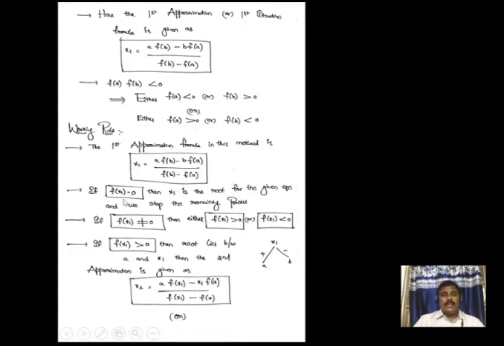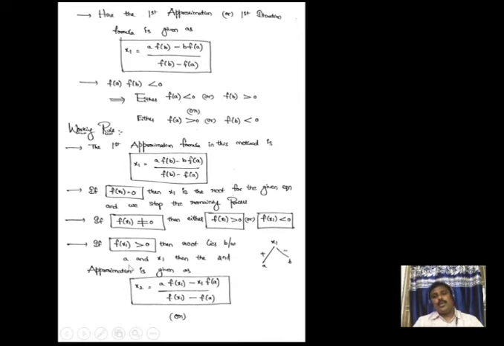If f of x1 equal to 0, then x1 is the root of the given equation and we stop the remaining process. If f of x1 is not equal to 0, then two things may happen: either f of x1 is greater than 0 or f of x1 is less than 0. Anything may happen. If f of x1 is greater than 0, then the root lies between a and x1.